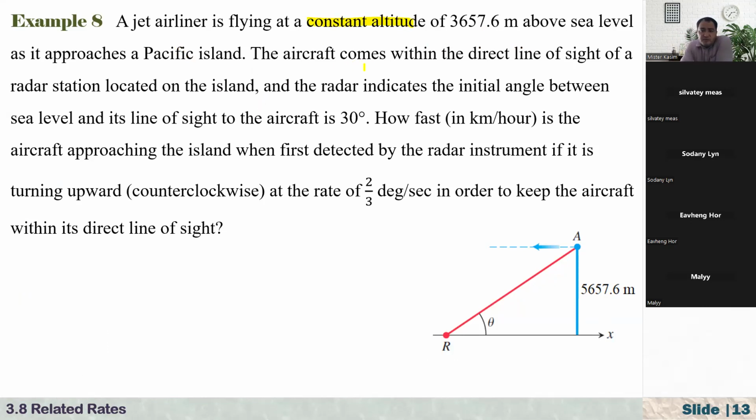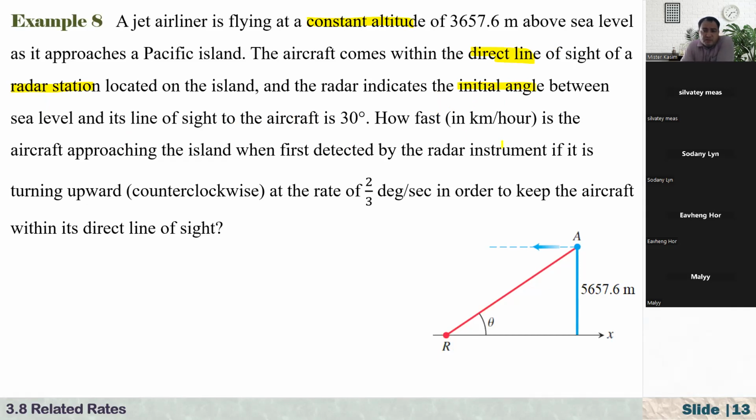The aircraft comes within the direct line of sight of a radar station located on the island. So this one is R, the radar station. And the radar indicates the initial angle between sea level and its line of sight to the aircraft is 30 degrees. So this theta is 30 degrees.